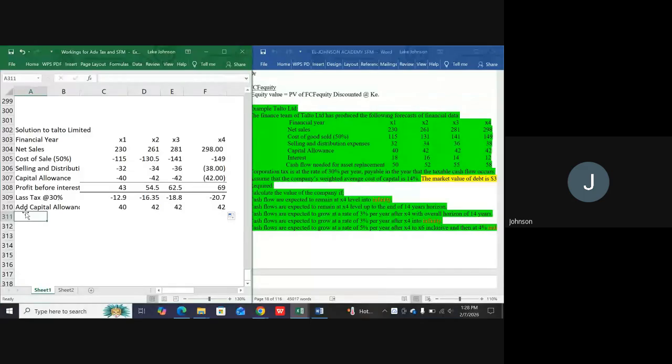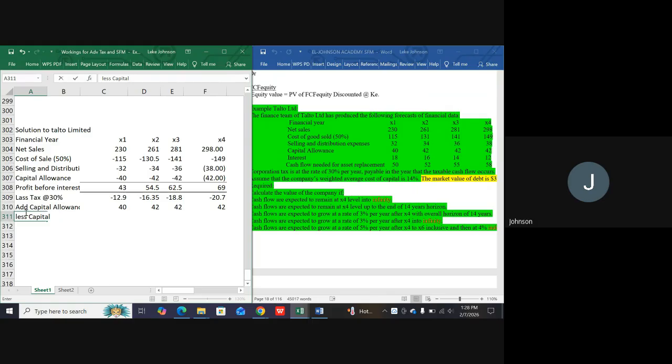Then after that, assume that the company's weighted average cost of capital is 14% and the market value of debt is some amount. So here they didn't give us working capital. Apart from adding back your non-cash item, the next thing you want to do, you want to ask yourself, we need to less our capital project that we have.